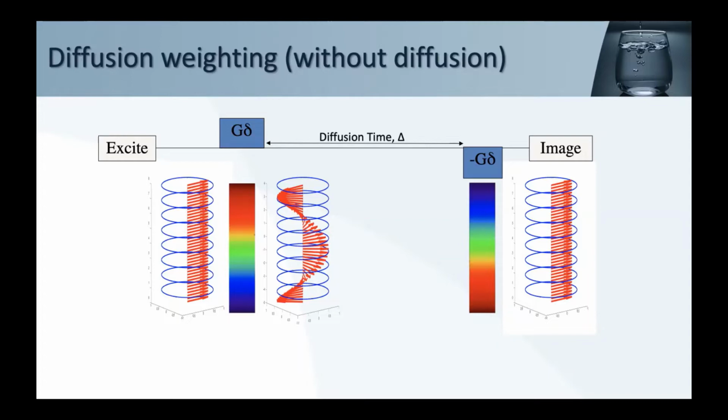If the water molecule hasn't moved at all, we expect the second pulse to completely undo the first one. We expect the 180-degree pulse to completely undo the 90-degree pulse. And since the water molecule hasn't moved at all, the spin that it had before is perfectly aligned with the spin that it has at the end of the experiment. And since it's perfectly aligned, we expect the maximum signal. So the pixels will be very, very bright.